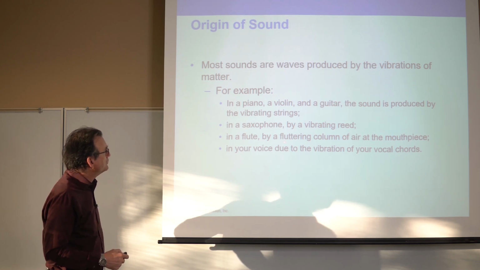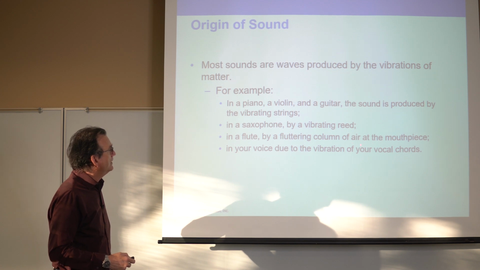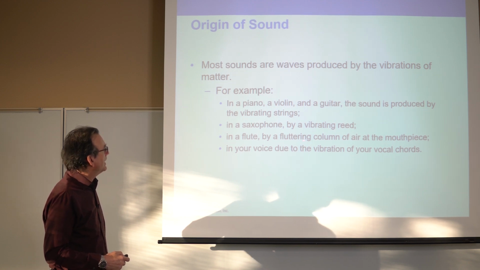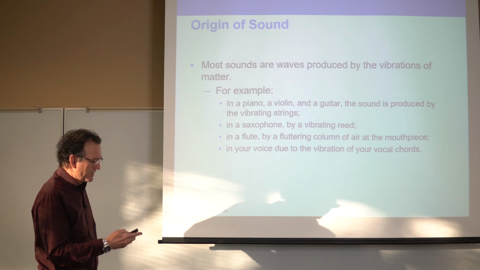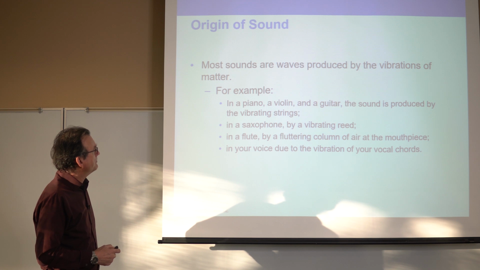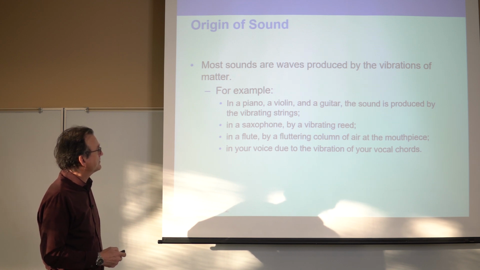In a flute, by a fluttering column of air at the mouthpiece, another way of generating sound is through wind instruments. And we'll discuss a few other cases as we go through.